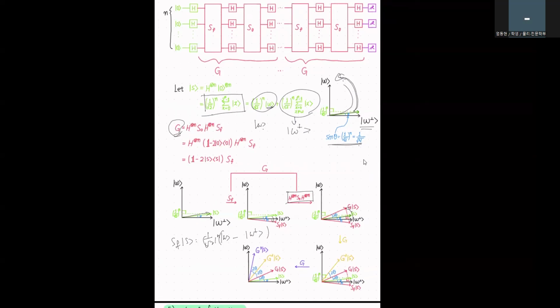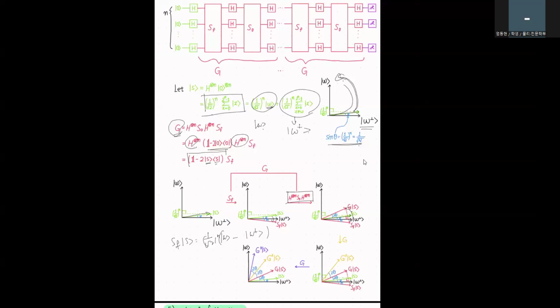And now if we apply this operator over here, we're doing another reflection around this operator. S_0 is defined at this state, but if we sandwich this between these two Hadamards, what we get, of course, is the superposition of all the different bit strings.